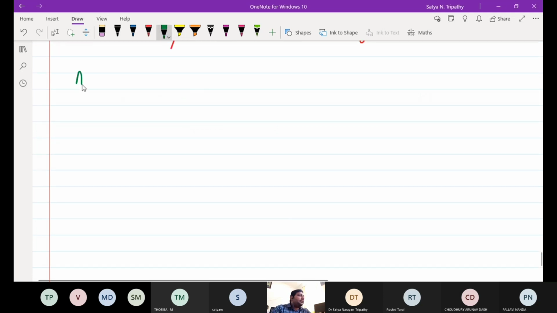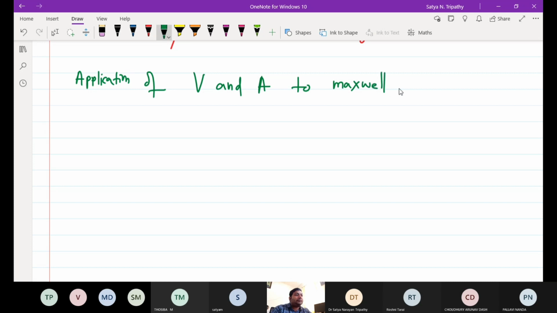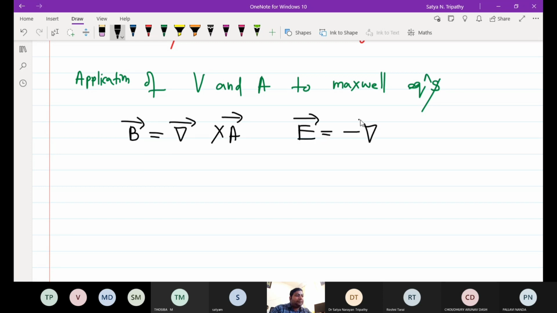Now, application of V and A to Maxwell's equation. So first thing is, let me write it clearly so that it is better. So my B is del cross A and my E is negative of gradient V minus dA by dt.